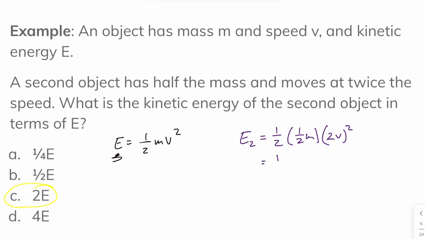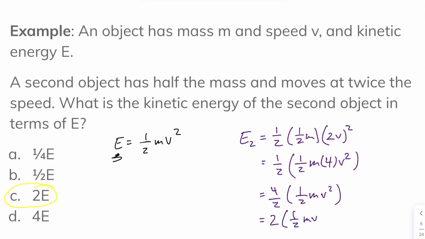So this ends up being 1/2 times 1/2 m times 4 v squared. I'm going to pull out this 4, and you'll see why I'm writing it this way. So now I have 4 over 2 times 1/2 mv squared, and that leaves me with 2 times 1/2 mv squared. The reason I wrote it like that is because originally I defined 1/2 mv squared as E. So I can replace this part of the equation with E, and that leaves me with 2E. So the answer is C.